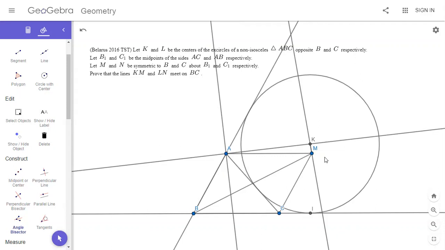Could we calculate angle AKC? AKC is, wait a second. What's angle AKC? Because it must be in terms of B, and AMC is definitely angle B. I don't think AKC is equal to angle B. No, it's not.